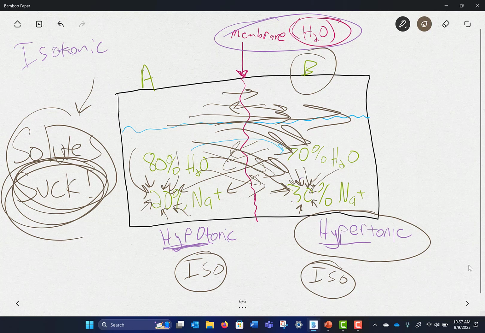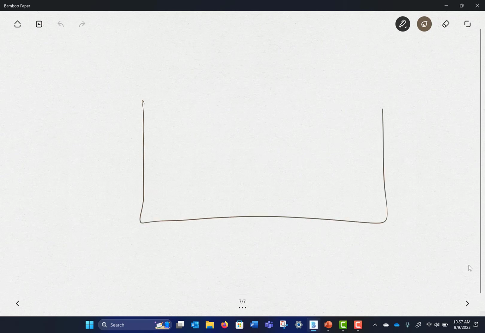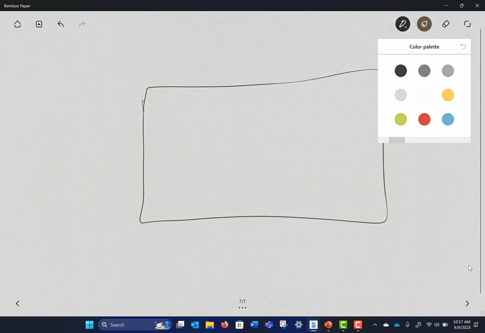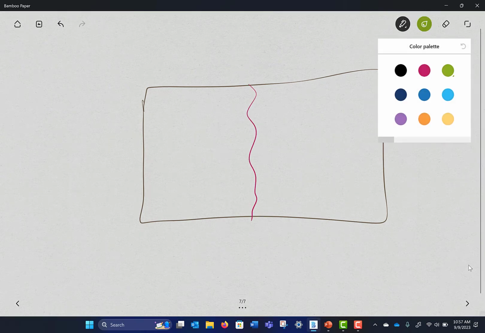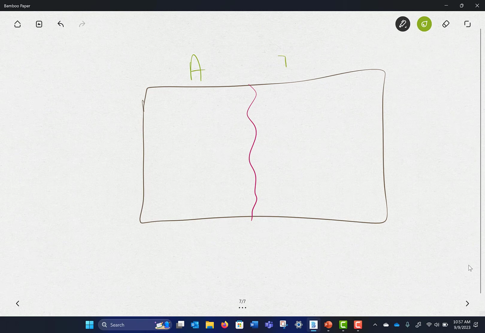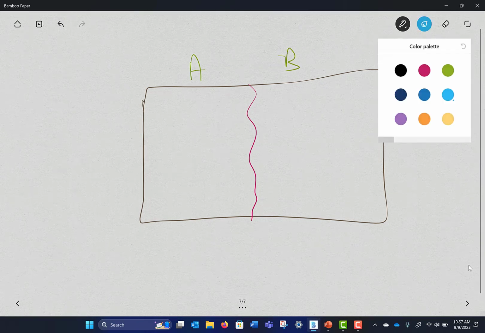Let's draw a new aquarium. Let's say it's the same aquarium, and we still have solution A and solution B, and we still have a solution inside.